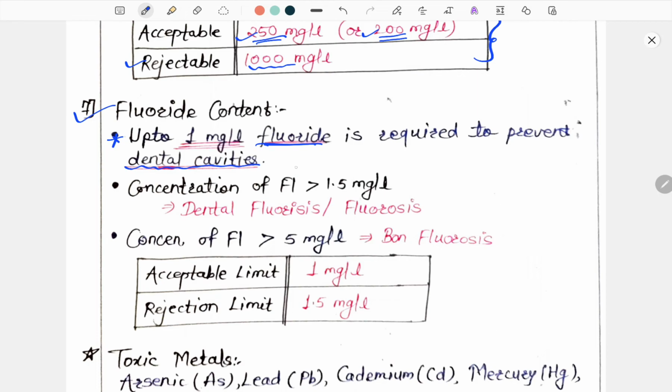If concentration of fluoride is greater than 1.5 mg per liter, then it causes dental fluorosis, also known simply as fluorosis. If concentration of fluoride is greater than 5 mg per liter, then it causes bone fluorosis.